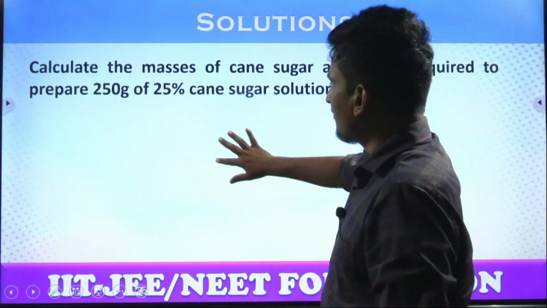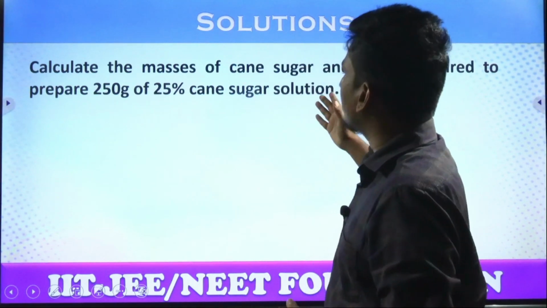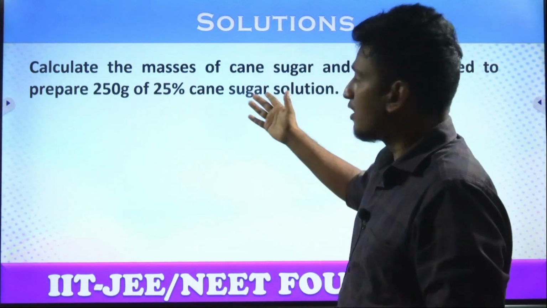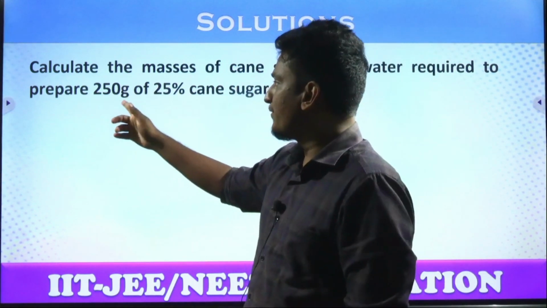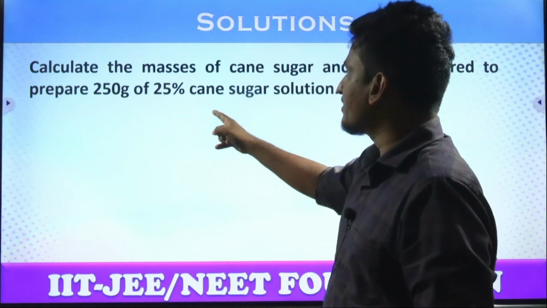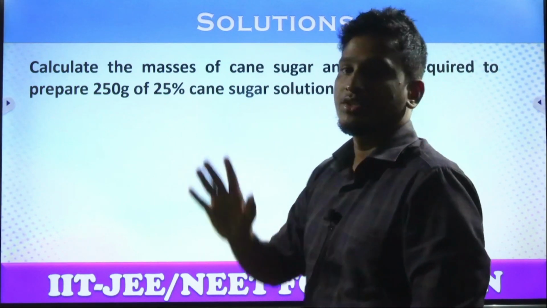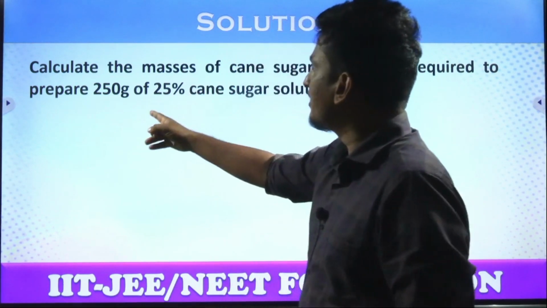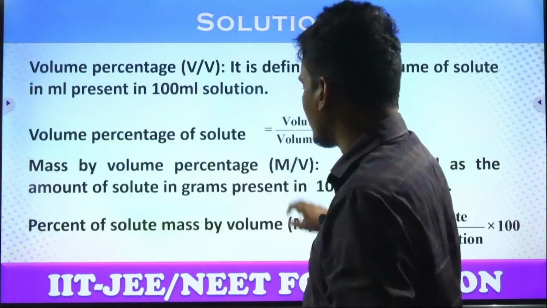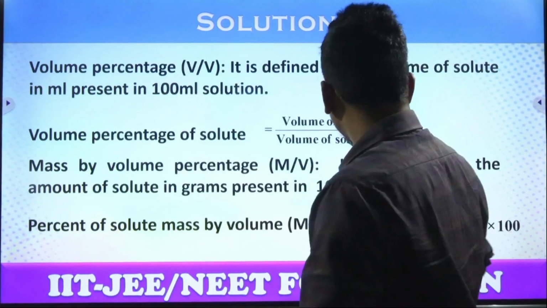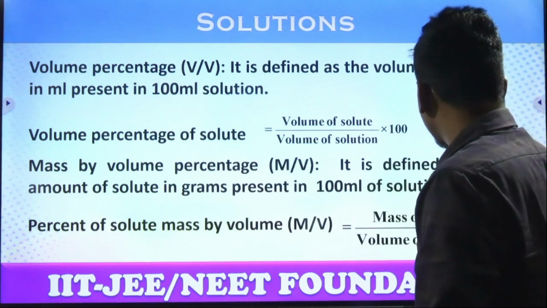For example, calculate the masses of cane sugar and water required to prepare 250 grams of a 25% cane sugar solution. So what is given here, students? The percentage is given, right? What is the formula?